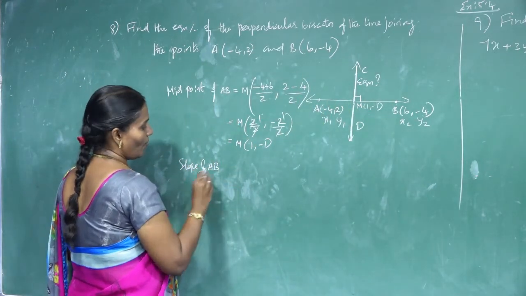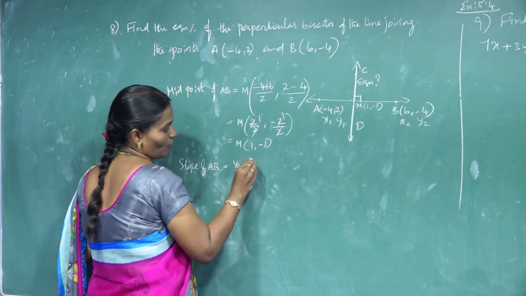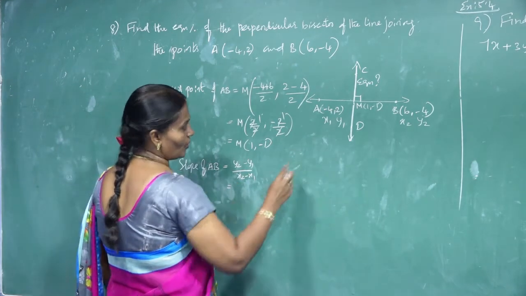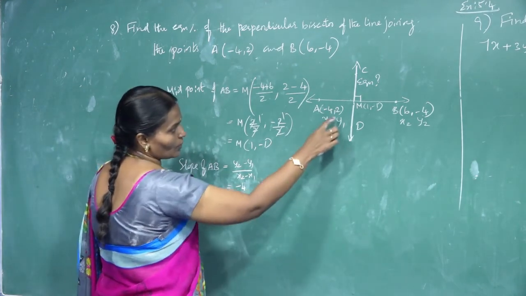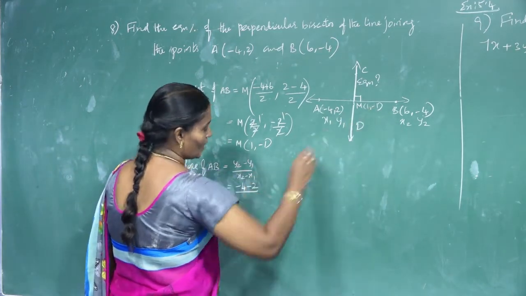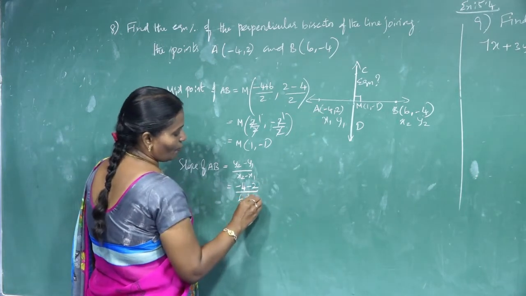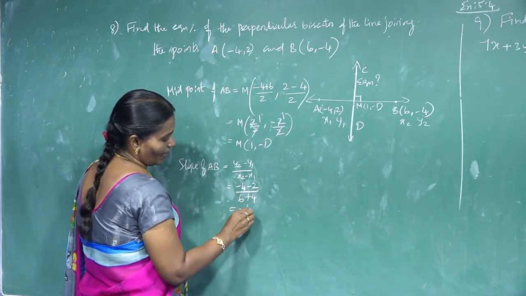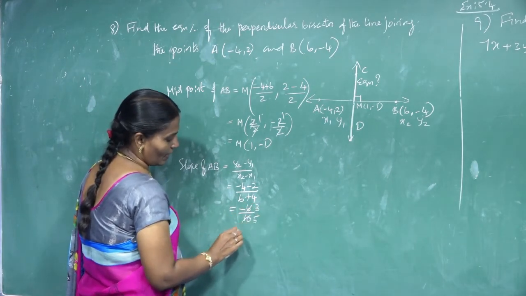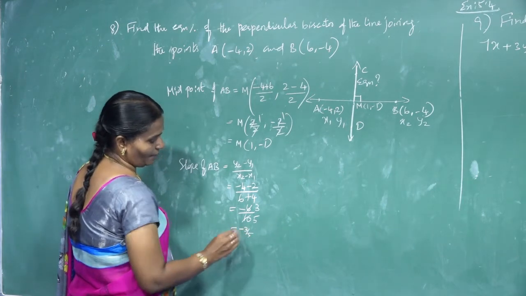The formula is (y2 minus y1) by (x2 minus x1). So what is y2? That is minus 4. What is y1? 2. So minus 2 by, x2 is here 6, minus of minus plus 4. So minus 6 by 10. Cancel with the 2, here 3, here 5. So the slope of AB is minus 3 by 5.